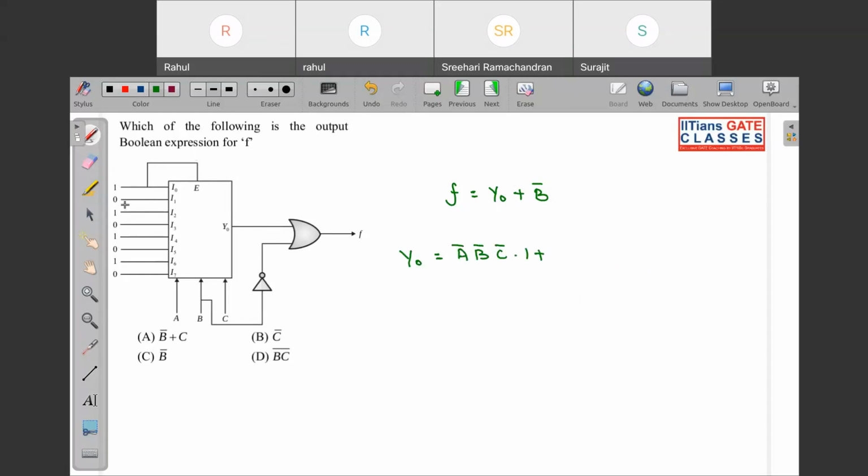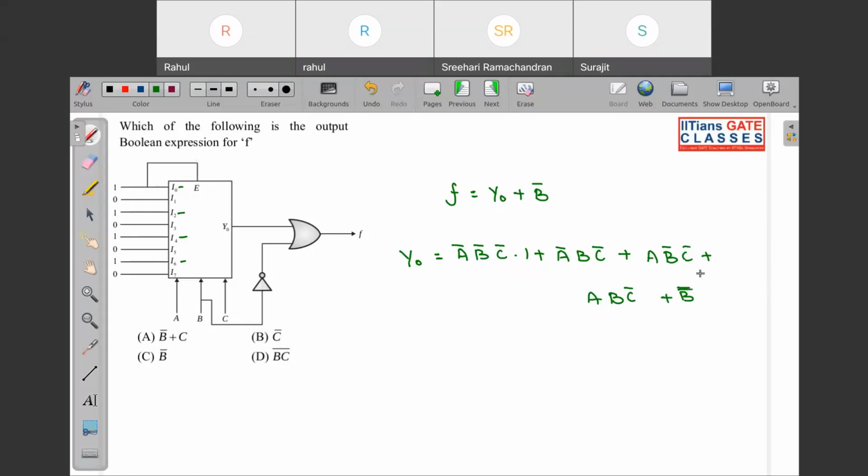So this will be A complement, B, C complement. Here we have 4 and 6. So this will be A, B complement, C complement plus A, B, C complement plus B complement. Okay, fine.